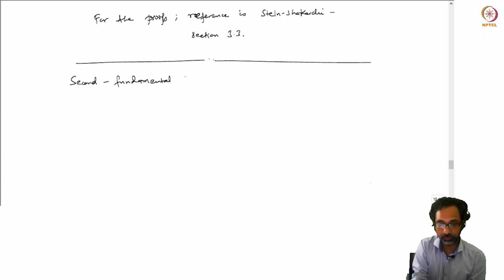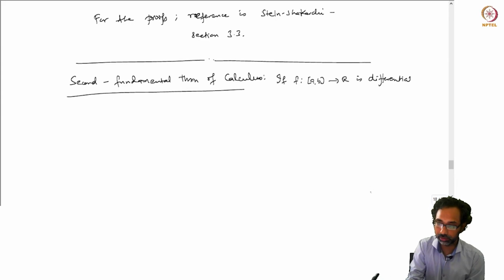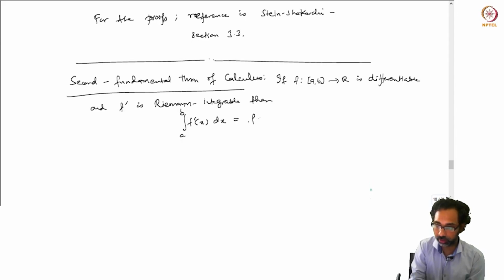The second fundamental theorem of calculus says that if f from [a,b] to R is differentiable and f prime is Riemann integrable, then the integral from a to b of f prime(x) dx is nothing but f(b) minus f(a).